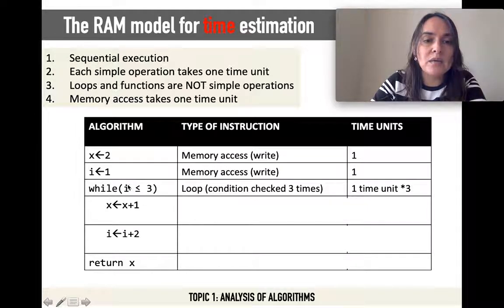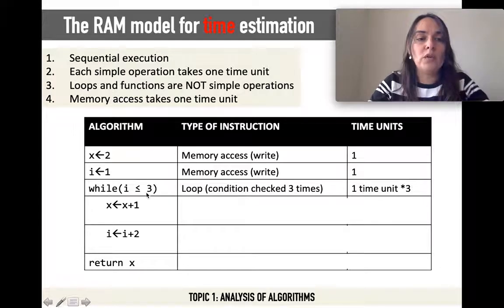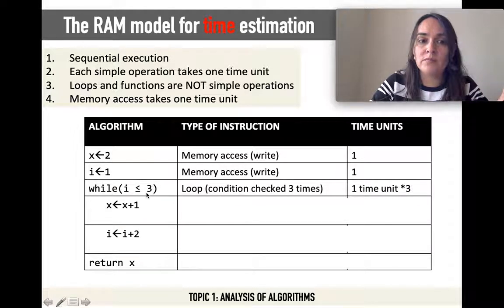Let's see how many times we have to do that. We have to check the first time when i takes the value 1. We enter the loop, do the iteration, and then i takes the value 3. Go back to the checking and we check for a second time. 3 is lower than or equal to 3, so we go inside the iteration.